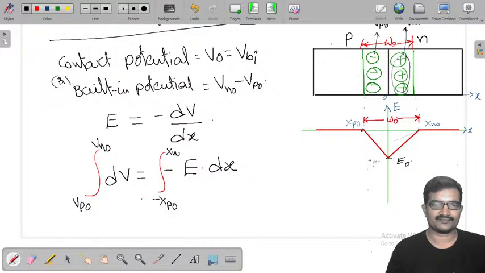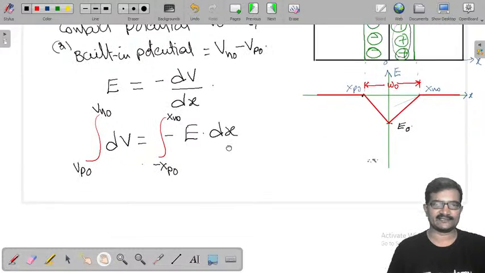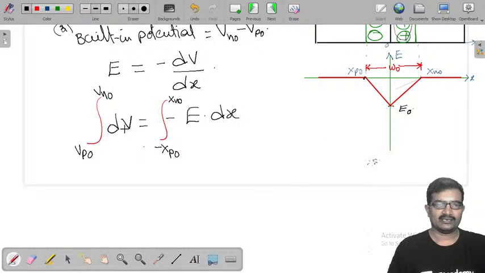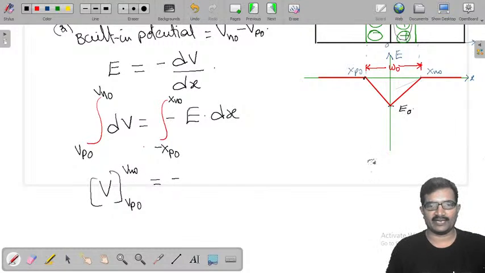Now see this, I am simplifying this. Integral dV is V, limits are Vp0 to Vn0, equals minus of integral from minus xp0 to xn0 of E into dx.